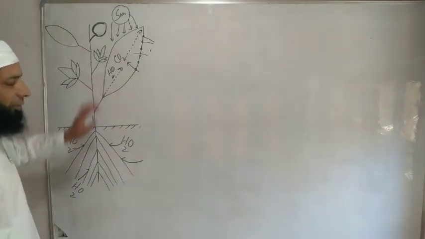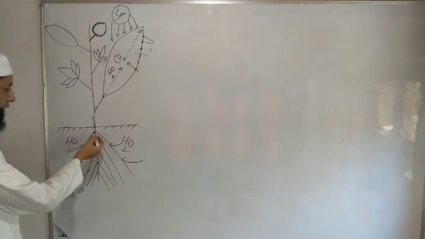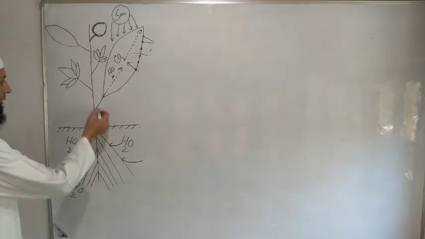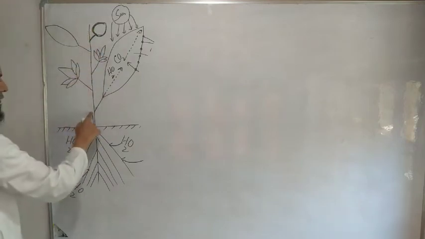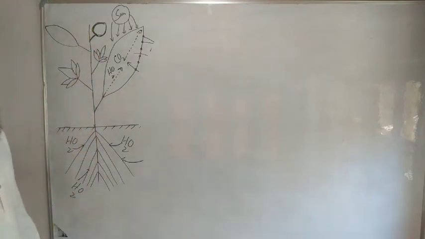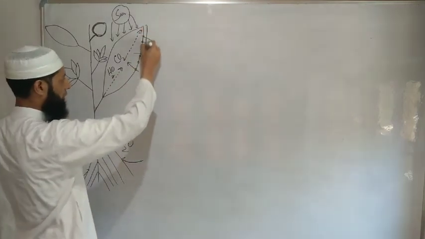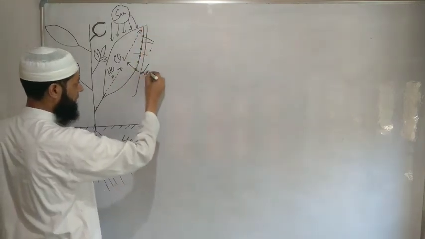It is a plant body that has an elaborate root system, and then you have a shoot system which consists of the photosynthetic organ in the form of leaves.